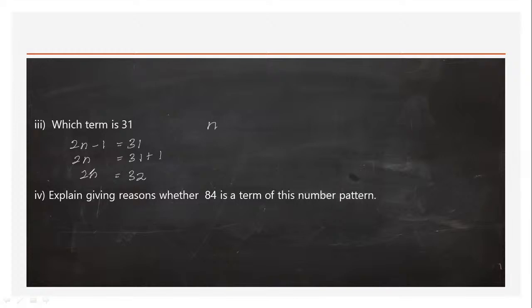We have to find n, which is multiplied by 2, so borrow 2 to the other side. n equals 32 divided by 2. n equals 16.